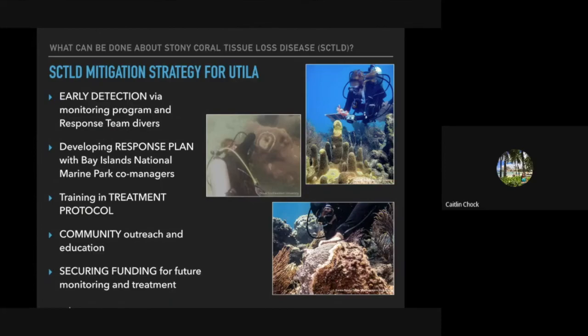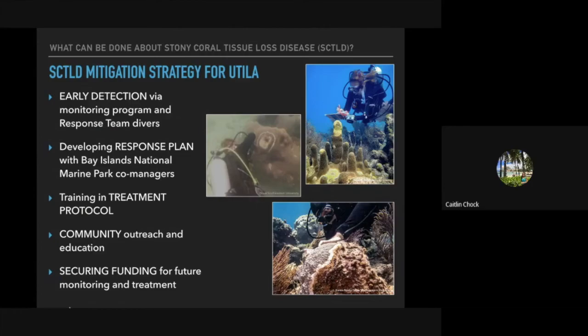Also developing a response plan with the Bay Islands National Marine Park co-managers. So that is in the works right now, to have a standardized response plan and protocol throughout the Bay Islands Marine Park. We're also looking at doing a training in the treatment protocol, bringing down an expert from Mexico who has treated corals there and getting trained in the techniques.